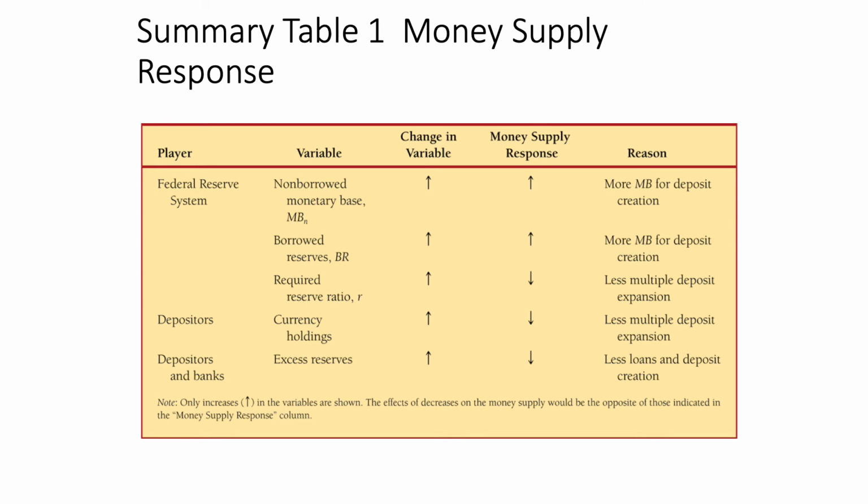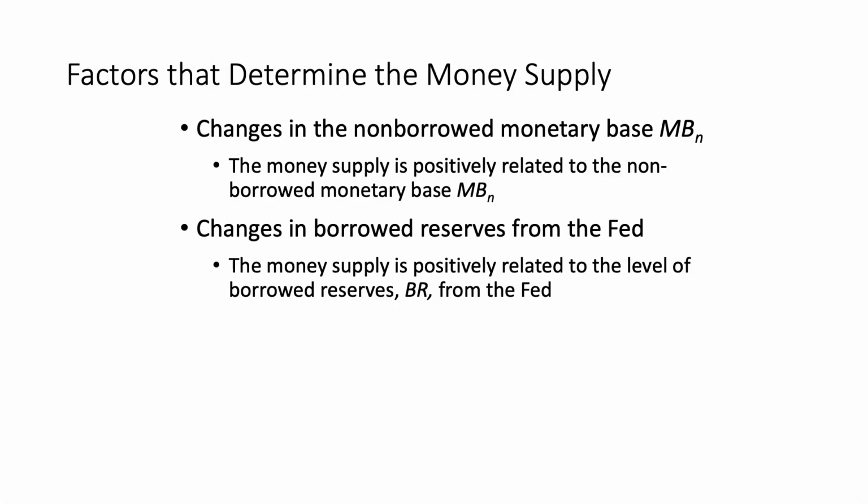And so this is a nice summary chart to give you all the simple ups and downs and tools and variables that are important to determining the expansion and contraction of the money supply, both dependent upon the Fed, which of course include required reserve ratios, borrowed and non-borrowed reserves, and their impact on the monetary base, and things that affect the money supply that are independent of the Fed, such as currency holdings of depositors, as well as excess reserves in the banking system.